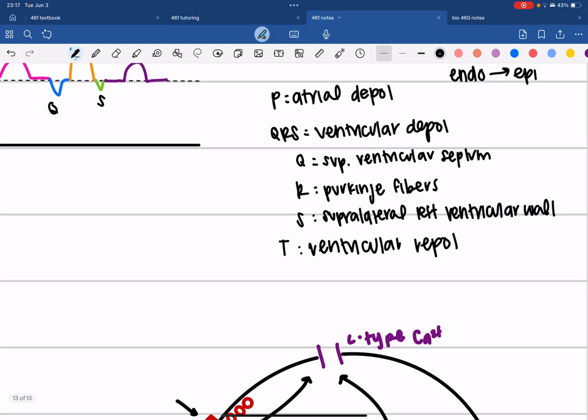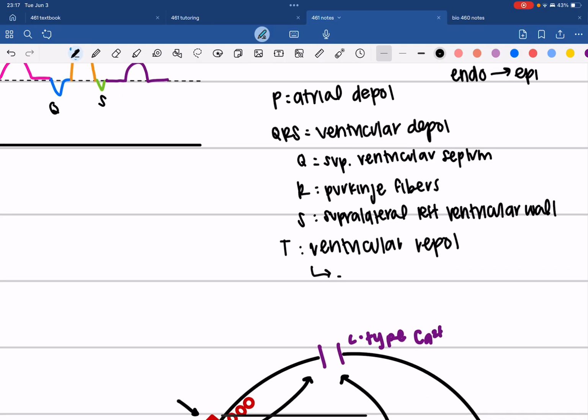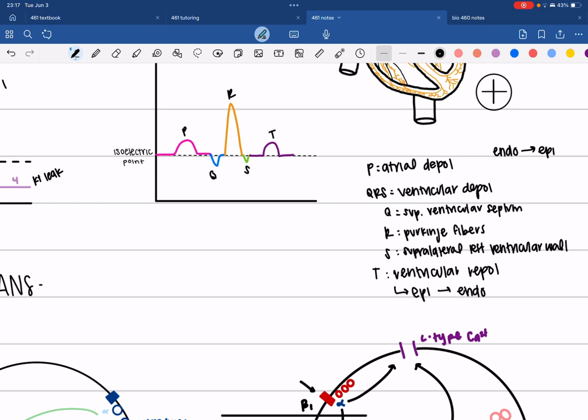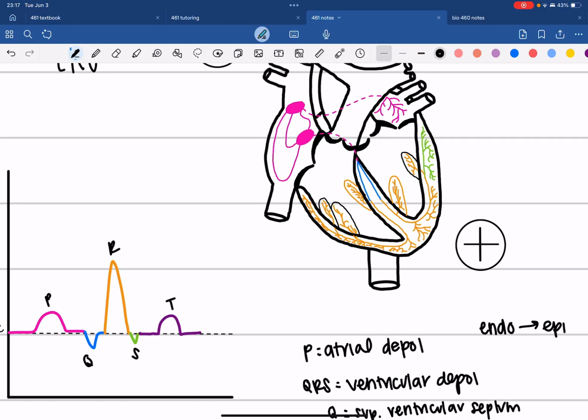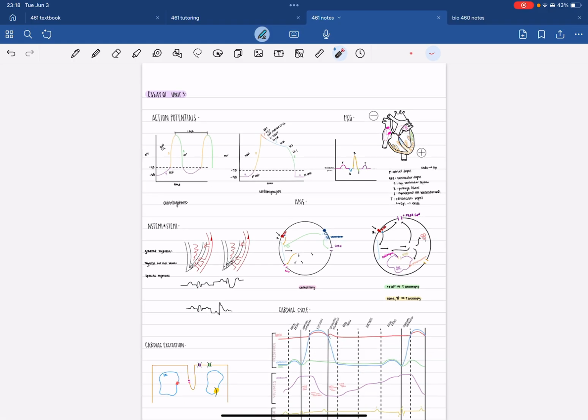But now with the repolarization, we're going to go epi to endo. We're just going to change the direction because it's becoming more positive. It's now going positive to negative, and that's what is going to make it go up. And that's your EKGs.